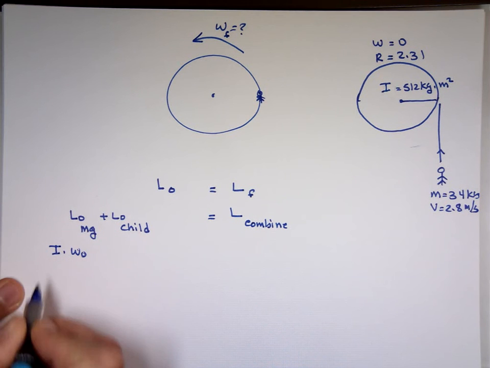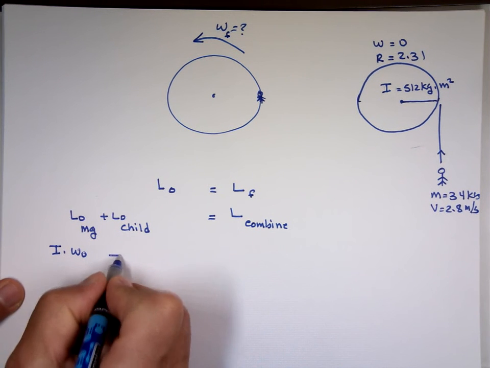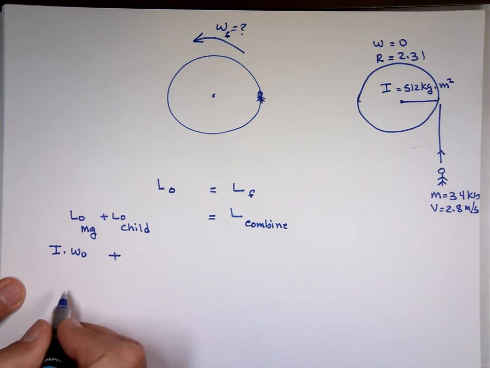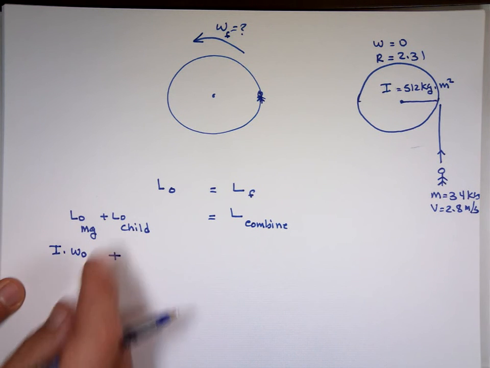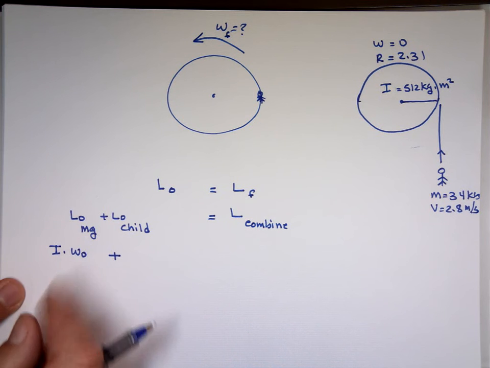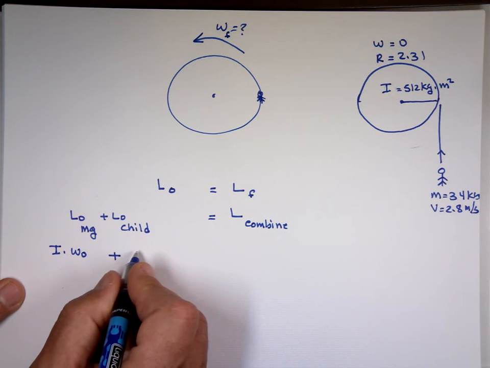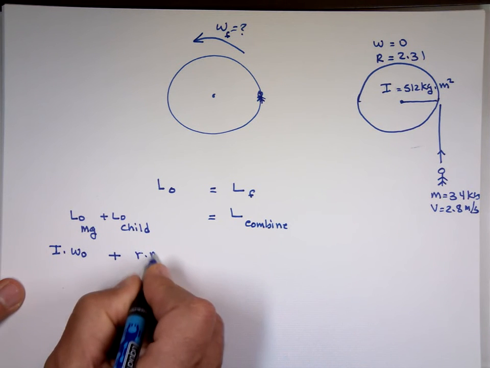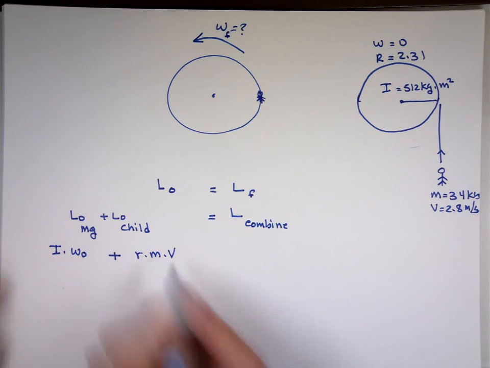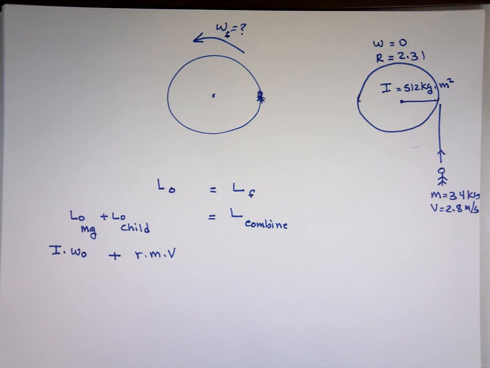For the child, remember, angular momentum is what? I times W. We also modified that. We said R times M times V. Look at the notes. Somewhere last class, we derived that equation.